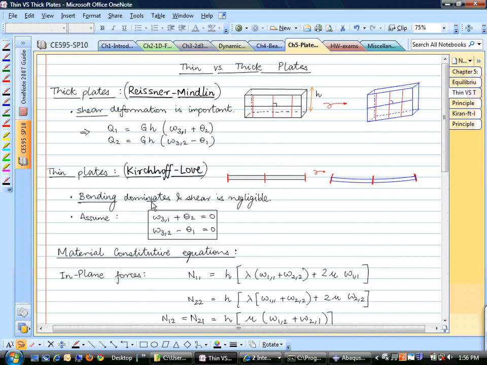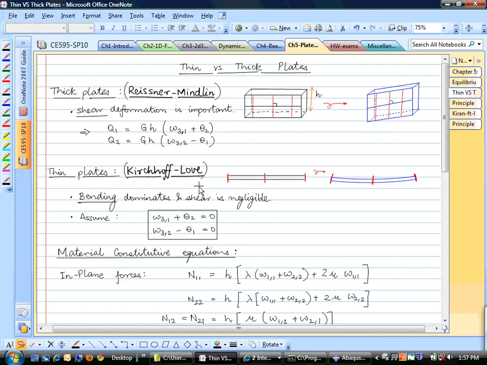But that amount of shear is pretty much negligible. So this type of theory, where we say that the shear is negligible, is called the Kirchhoff-Love plate theory. And this thick plate theory is the Reissner-Mindlin plate theory. This is similar to Timoshenko beam. This is similar to Bernoulli-Euler beam.